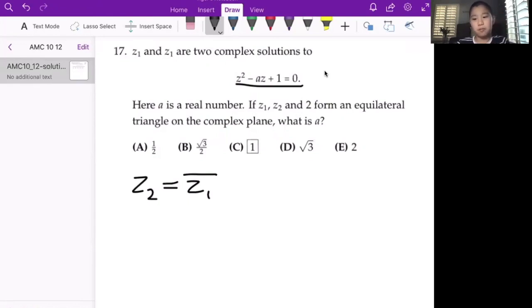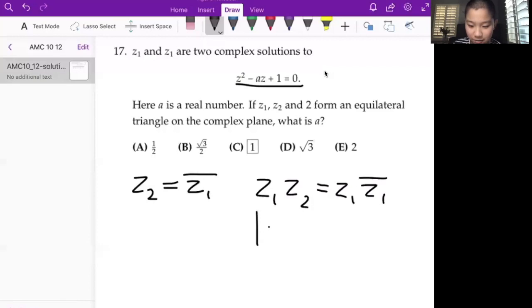So what else do you know about this? It says z squared minus az plus 1. So you already know the constant term. And the constant term is the product of the two roots by Vieta's formulas. So it's equal to z1 times z2, which is equal to z1 times z1 conjugate, which is actually just equal to the magnitude of z1 squared, and it's 1.